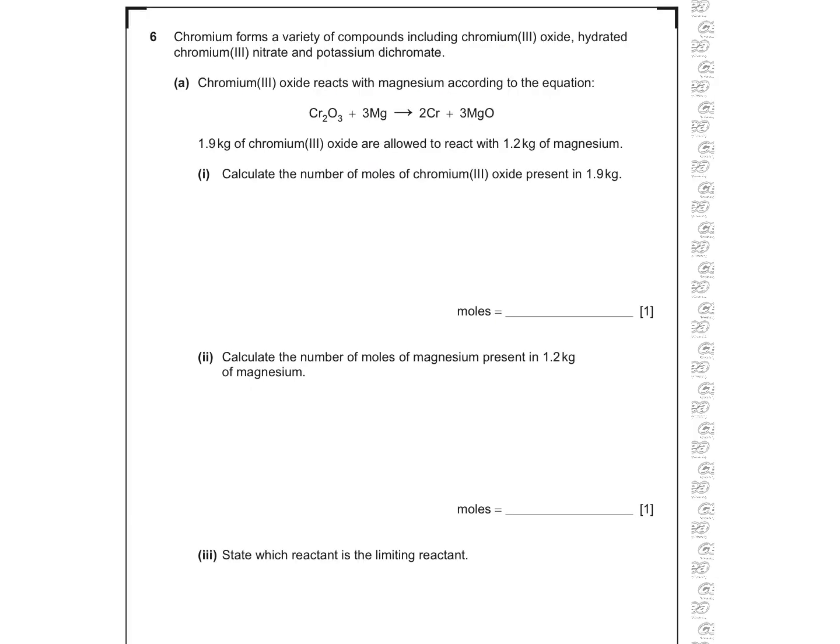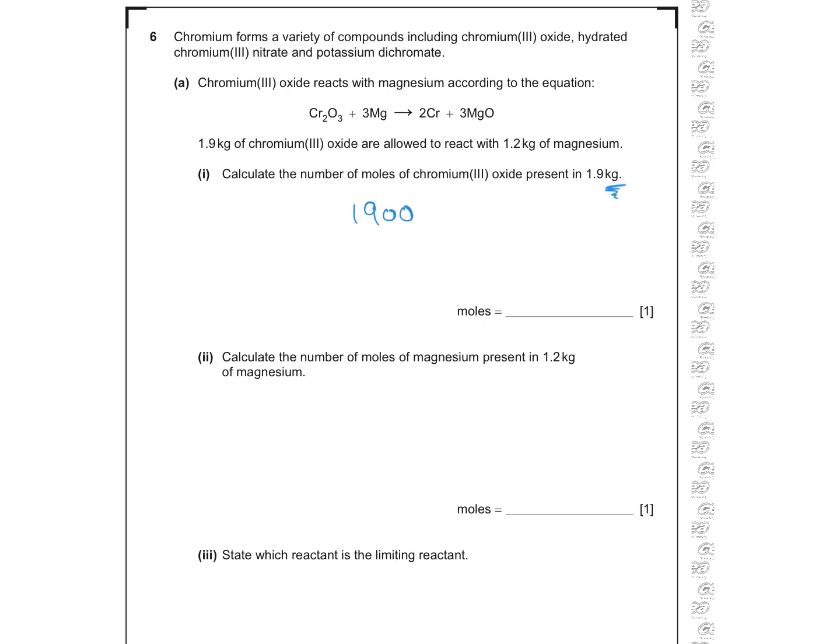On to question 6 then. So A, part 1, have to calculate the number of moles of chromium 3 oxide in 1.9 kilograms. Now remember, when you're working out moles, the mass has to be in grams. So I've got to convert the 1.9 kilograms to grams. I do that by multiplying by 1,000.